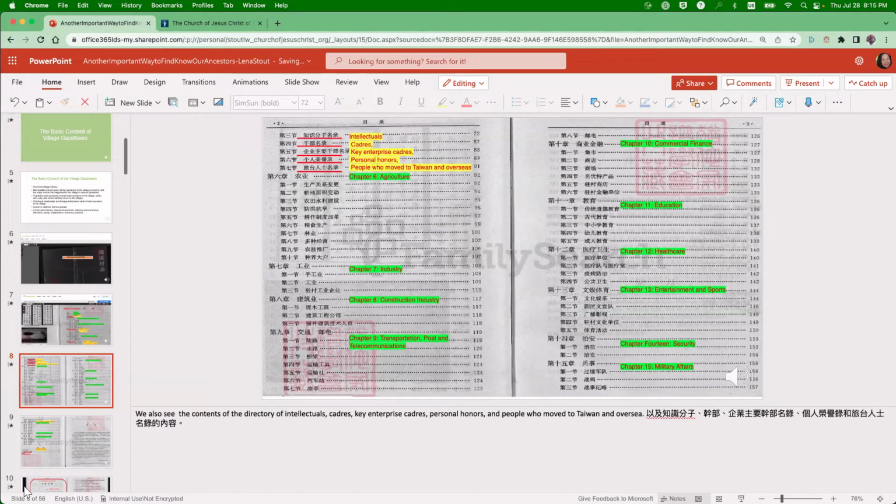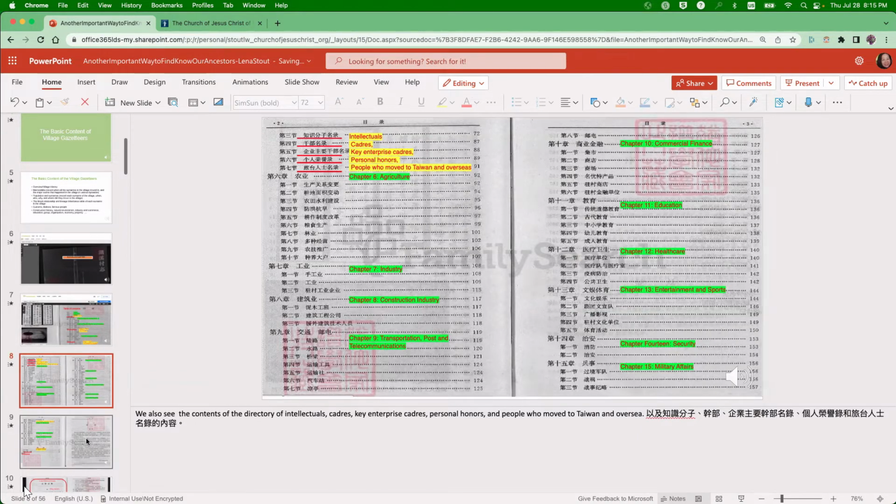There are no rules for village-level gazetteers because it really depends on the village community, how active it is and how often it needs to be updated. What is included and what is not is totally up to them.